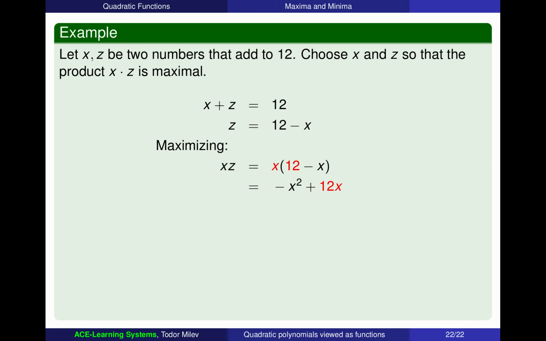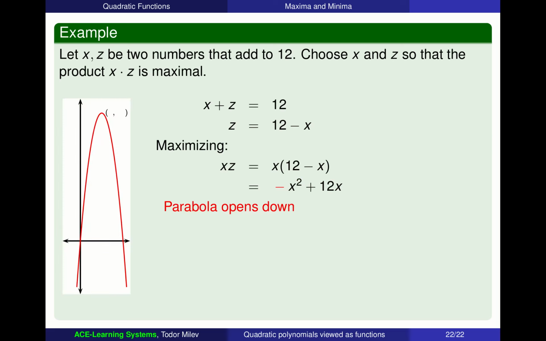So I'm trying to maximize the function negative x squared plus 12x. But that is a parabola, a parabola which opens down, right? Because its leading coefficient is negative 1. So negative x squared is in fact negative 1 times x squared. So the leading coefficient a is negative 1, so the parabola opens down.